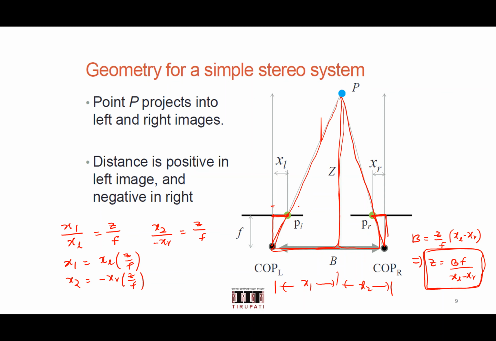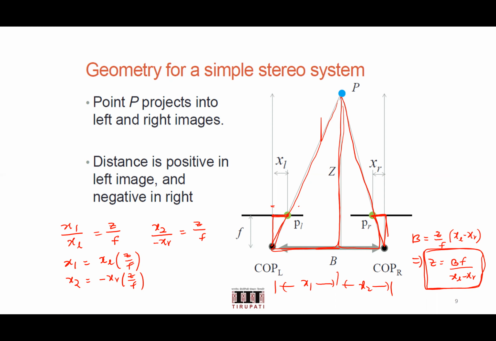And when will XL and XR be the same? When Z is infinity, for an object which is going far away. So Z is infinity means XL minus XR equals 0, correct?